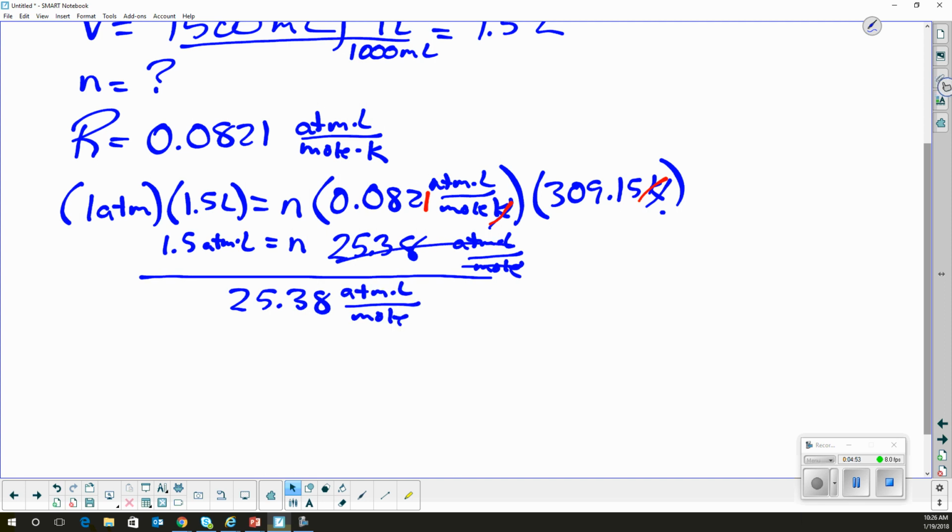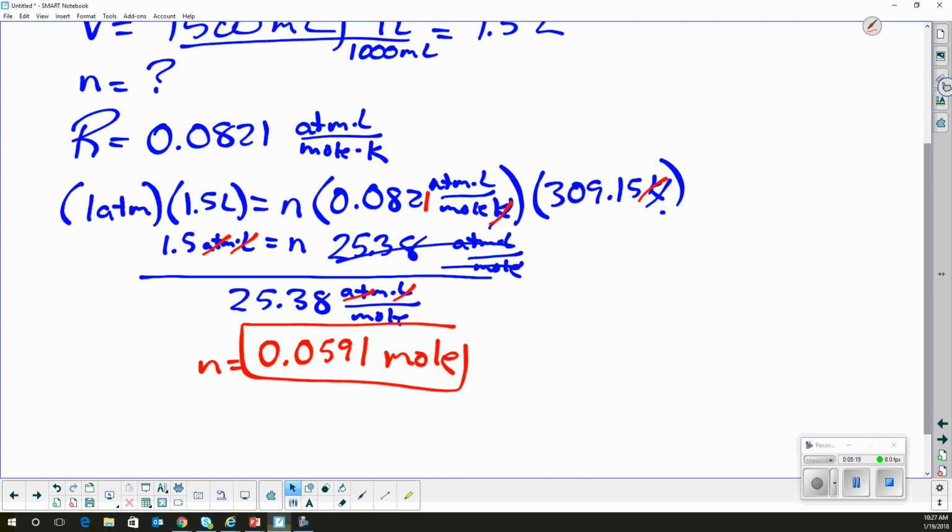Over here, everything would cancel. Over here, atmospheres would cancel. Liters will cancel. 1 over 1 over mole is mole, so N equals moles. And I would take 1.5 divided by the 25.38, and we end up with 0.0591 moles.